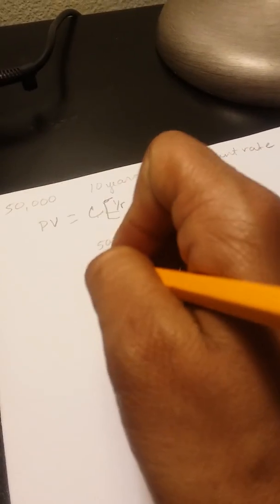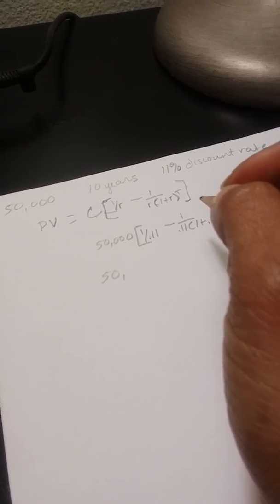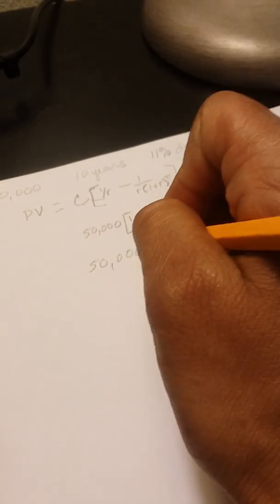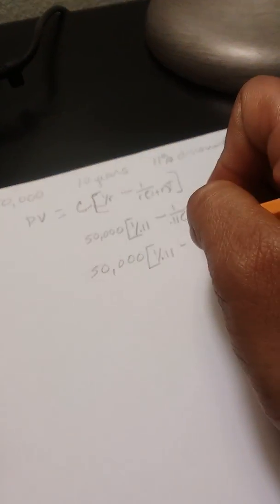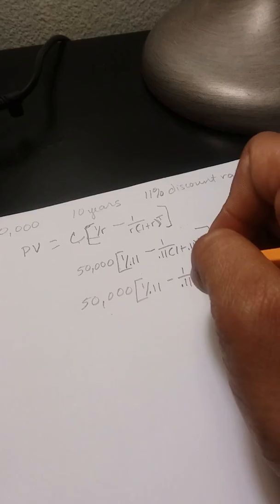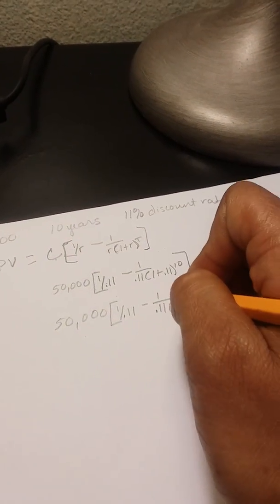It would go like this. You would go your 50,000, 1 over 0.11 minus, this is going to be your 1, and 11. So here's your first parenthesis here that you're going to want to work out. You're going to want to do that 1 plus 0.11. So it's going to be just like that.